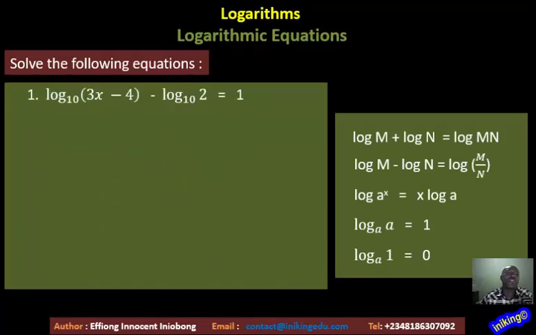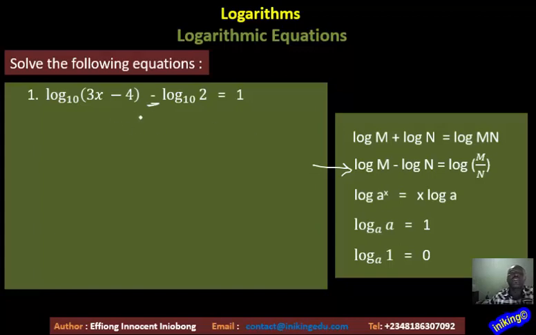Question number 1 states that we should solve the logarithm of 3x minus 4 to base 10 minus the logarithm of 2 to base 10 equal to 1. First and foremost, I look at the minus sign here and I try to apply this rule that says that the log of m minus the log of n is equal to the log of m over n.